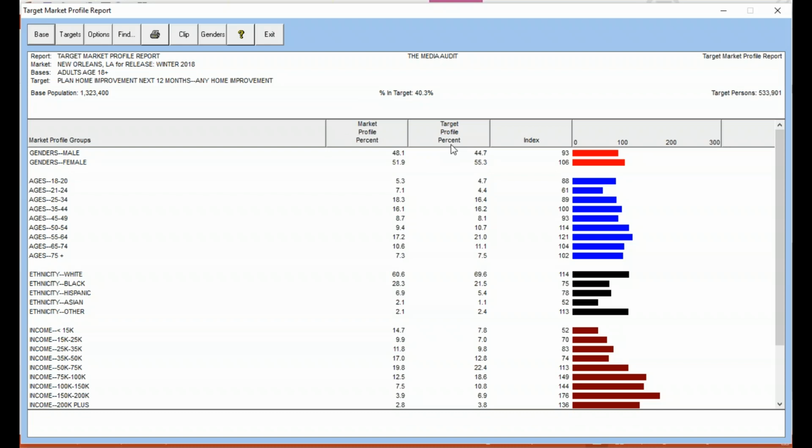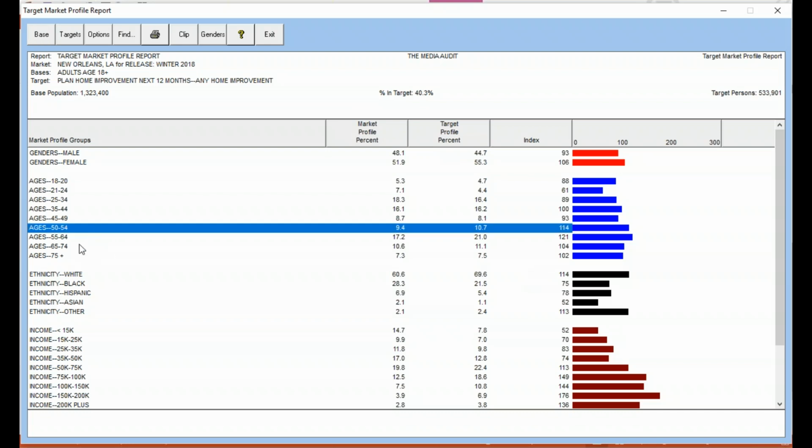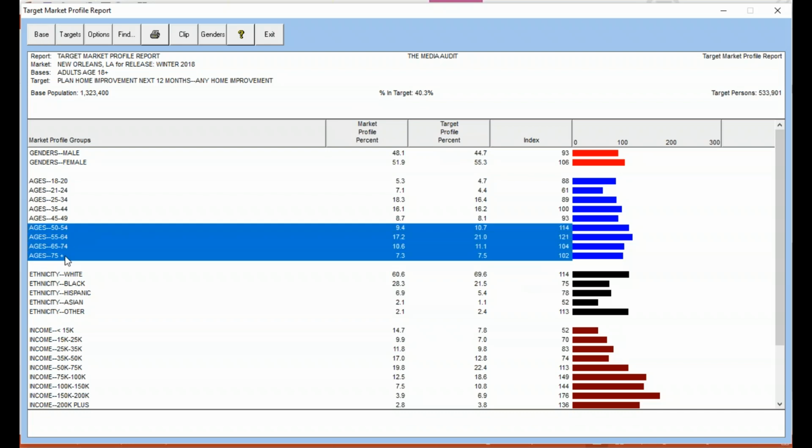But for your target, home improvement, you're comparing it back to the market. So you now can see, even though 50 plus represents exactly half, 18 to 49 is exactly half of all home improvement prospects, and 50 plus is exactly half of all home improvement prospects. Sorry. You can see that your sweet spot is now the younger folks, which probably, gut instinct wise, you knew that, right?